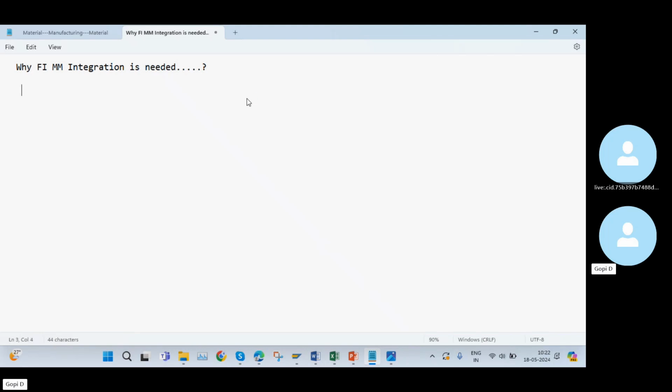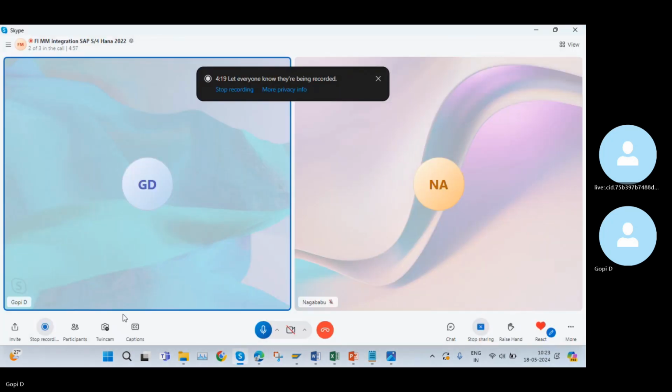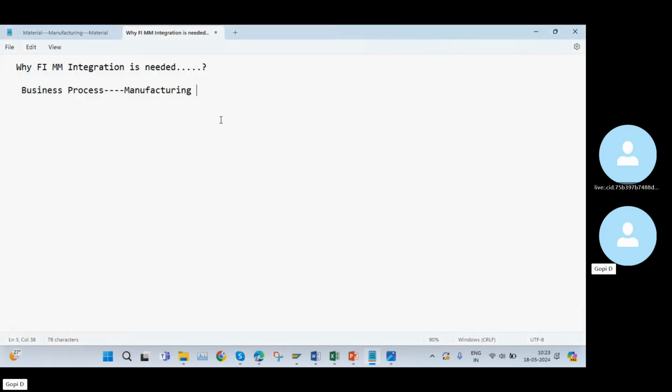Here, first of all, before that, we need to know the business process, especially if you consider any one manufacturing business.